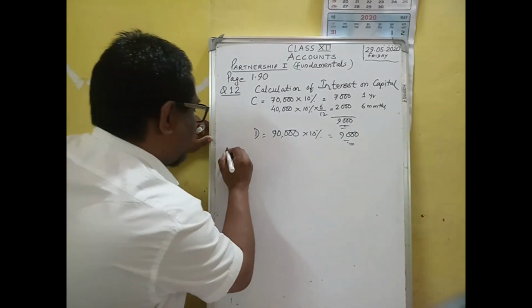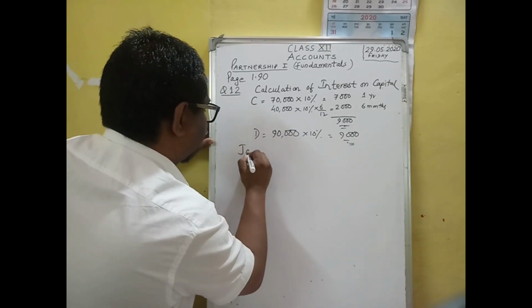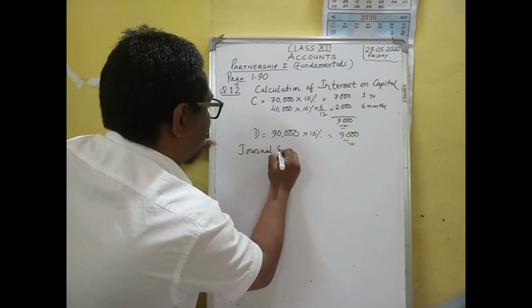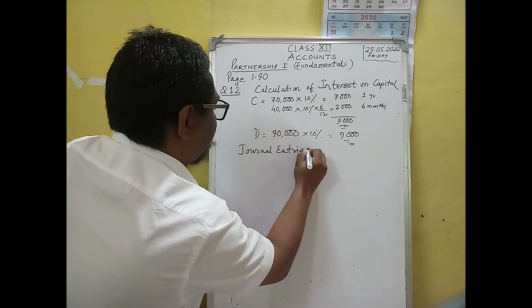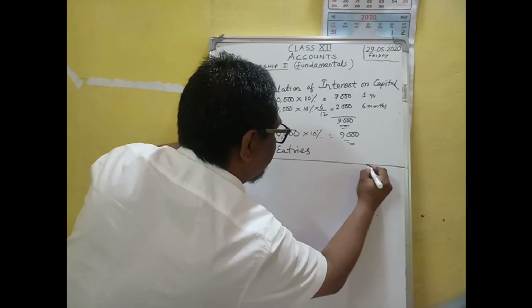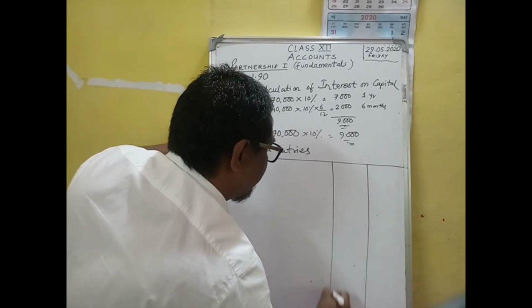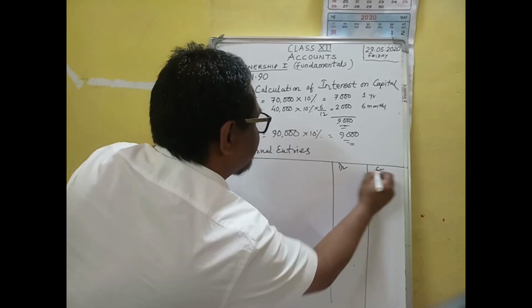So when we write the journal entry now, journal entries. So this is the debit side, this is the credit side.